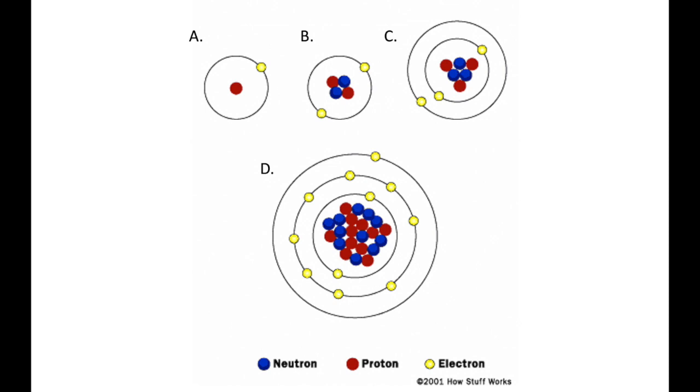How about the neutrons? Well, you might look at the first couple of examples and say, well, the number of protons and neutrons are equal. Except, what about letter A? You might note letter A, usually hydrogen has no neutrons. It is just a proton with just 1 electron going around it.